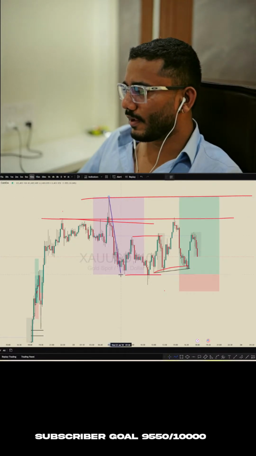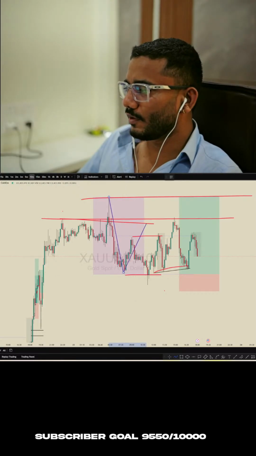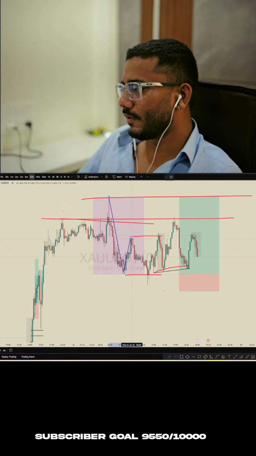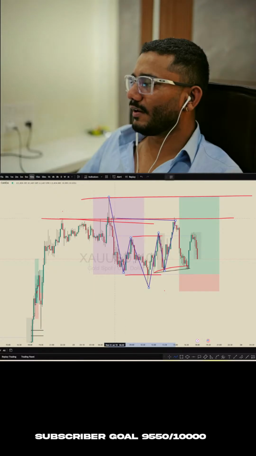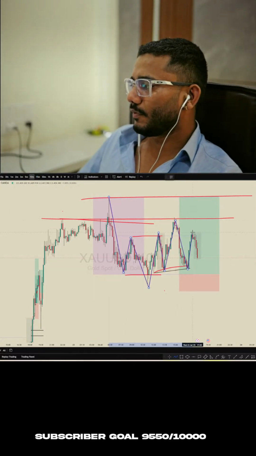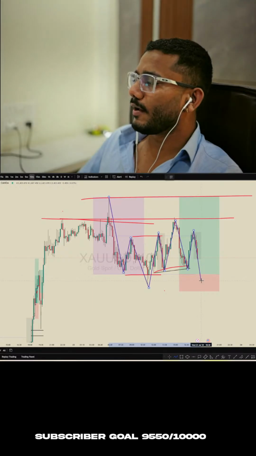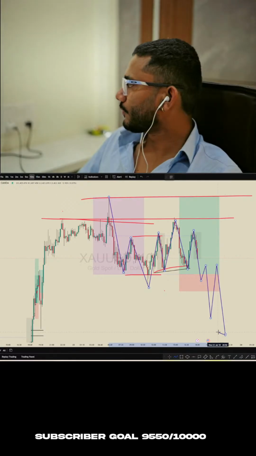If we can call this an inducement, price will sweep this liquidity and it can continue higher. But here we can see price has again created this low, again this high. This is internal structure, but price is creating this internal structure only to mitigate this structure. Still, I'm looking for buy, but if this fails, then I look for a sell side setup, probably in this area only.